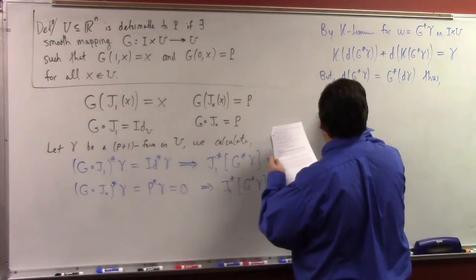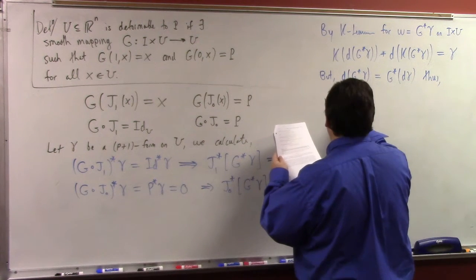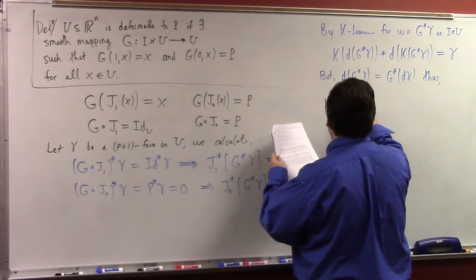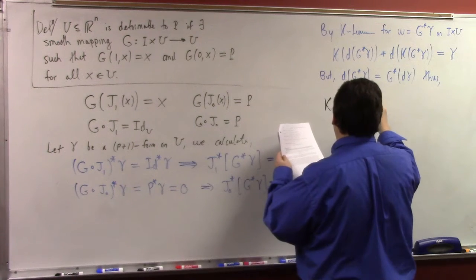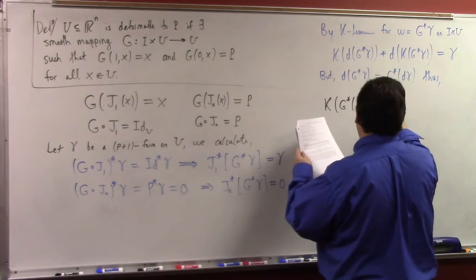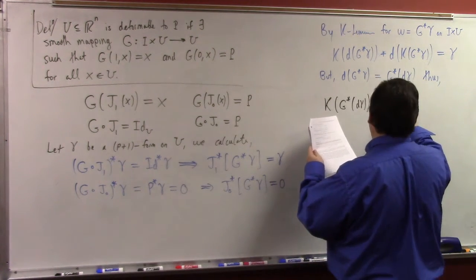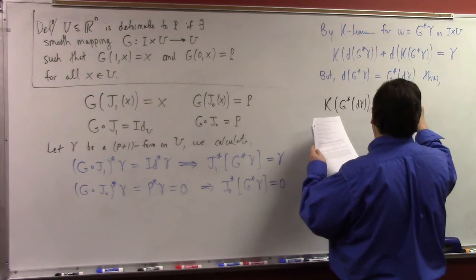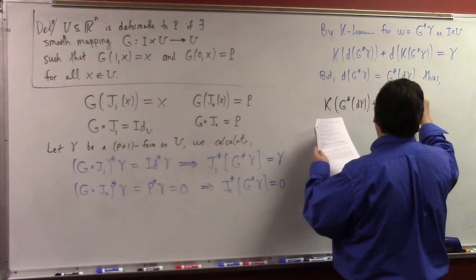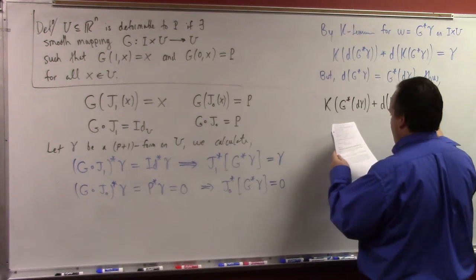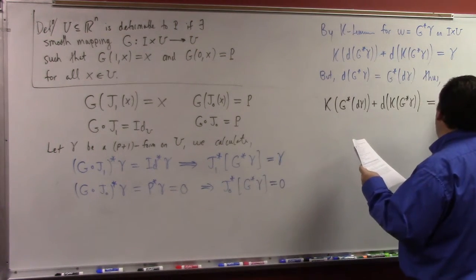K of G pullback D gamma plus the exterior derivative of K of G pullback gamma is equal to gamma.